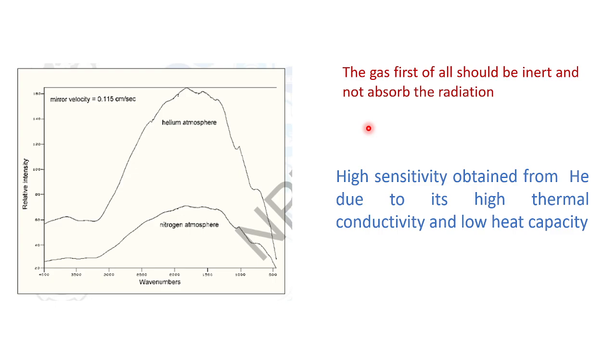Another thing: if a very small amount of heat is generated, it should still sensitize the gas. Helium has very high sensitivity due to its very high thermal conductivity, and it also has very low heat capacity. That's why the most preferred gas is helium.